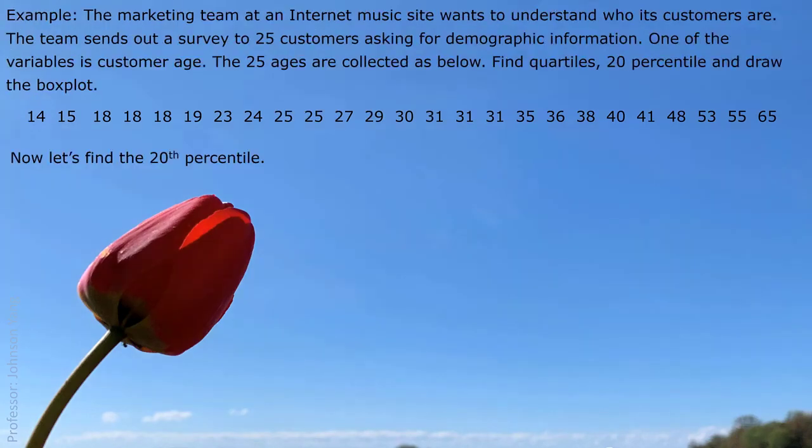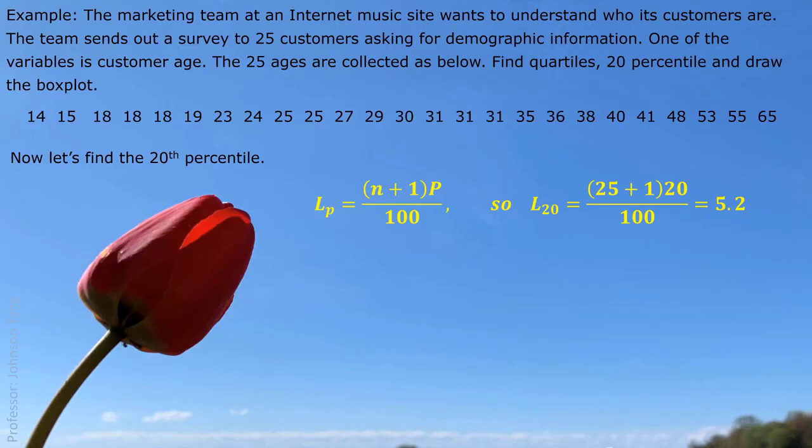Now let's find the 20th percentile. We use the formula to work out the position or location for 20%. So 25 plus 1 multiplied by 20% gives us 5.2. So the position is 5.2. That's where the 20th percentile is located.